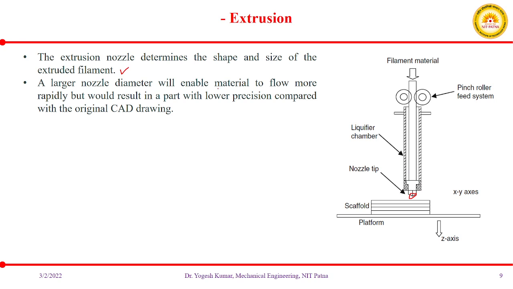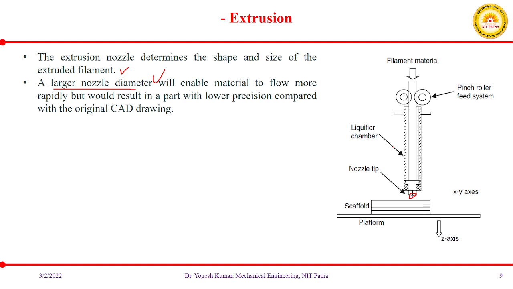A larger nozzle diameter will enable material to flow more rapidly, but would result in a part with lower precision compared with the original CAD drawing. It is obvious, if you use nozzles having a larger diameter, the issue is that the surface quality or the quality of your printed product will not be what you were expecting or desire.